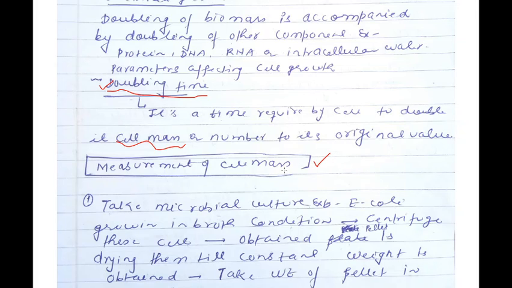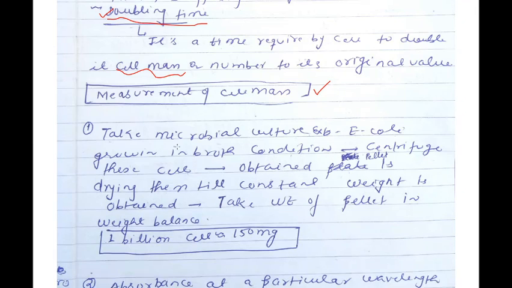For that measurement, what do we do? First, we take the microbial cell culture. During the practical in the 11th class, we studied how to culture the microbes in the lab. First we prepare the media, then culture the microbes in the flask.